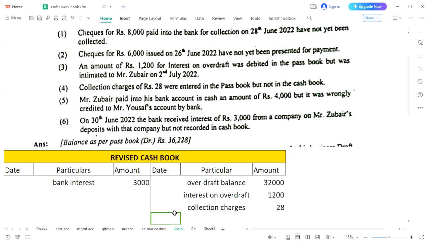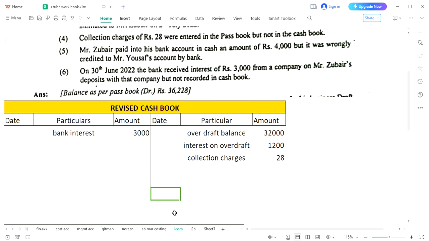Now, since it is the first time you are making it, it's time to start balancing. The first step is to take the total of both sides. The total of the debit side is 3,000. Now we will see how much the total is at the credit side. So we have 33,228. Then the next step is to take the larger sum and write it as the total of both sides.